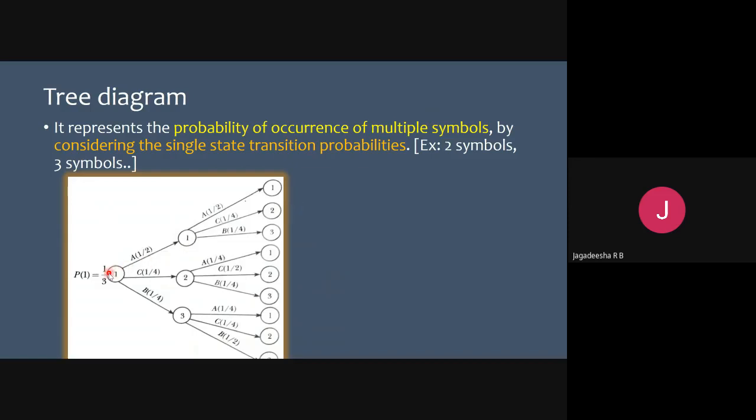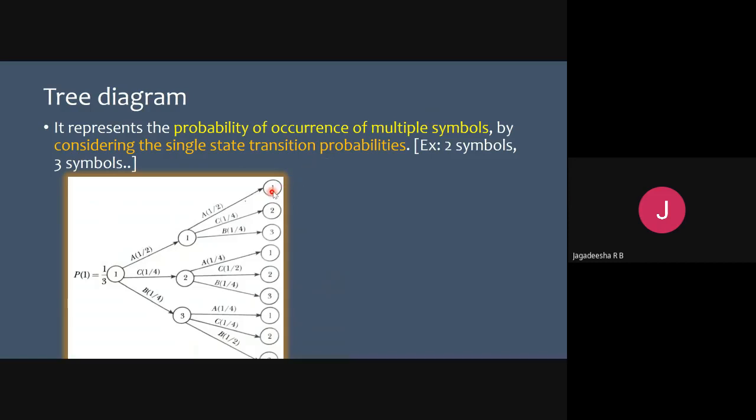From the initial state, it generated A and then it generated B. So the total message generated is AB. Or from the initial state 1, next it generated C and then it generated A. So the total symbols generated is CA. So these are the messages generated after the first state. If you say another stage, maybe the source emitted three symbols, then we need to build this tree one more level.